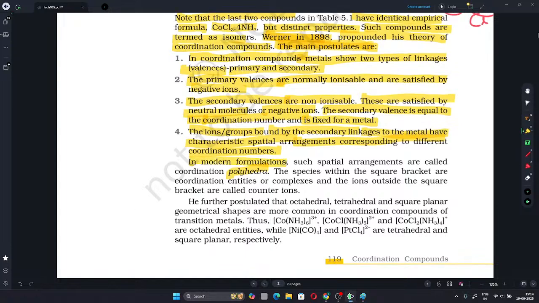In modern formulations, such spatial arrangements are called coordination polyhedra. The species within the square bracket are coordination entities or complexes, and the ions outside the square bracket are called counter ions.